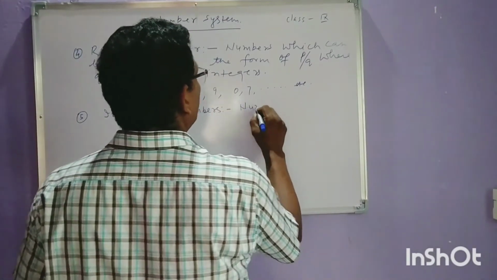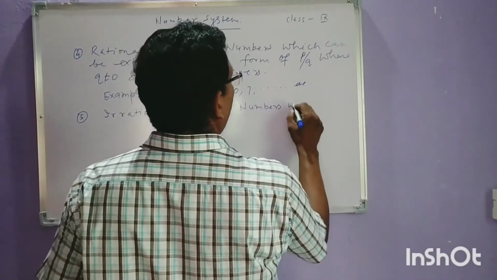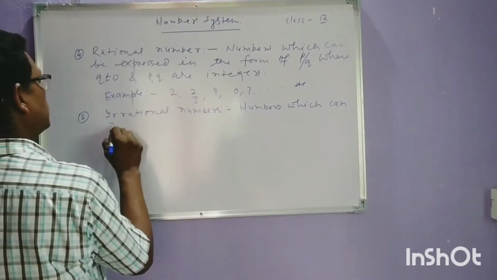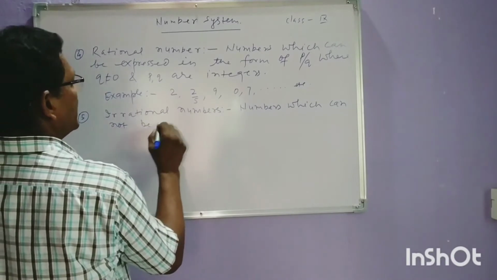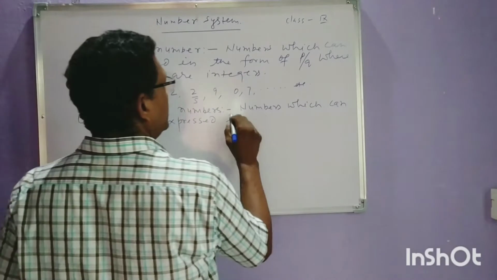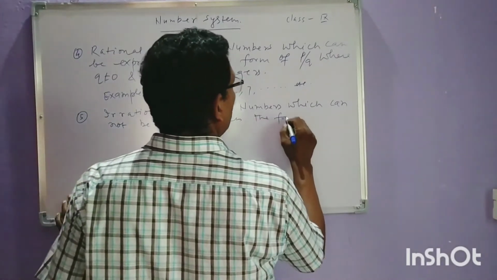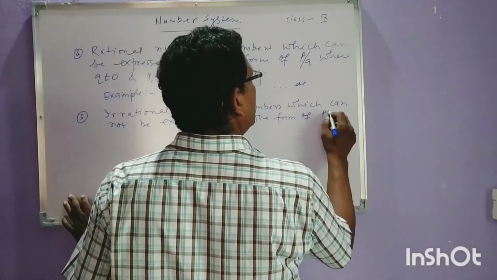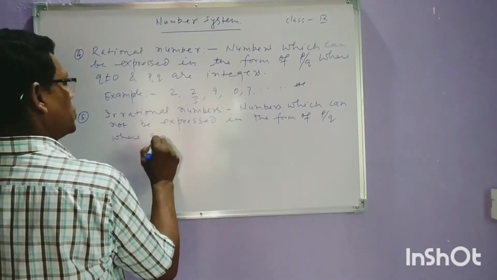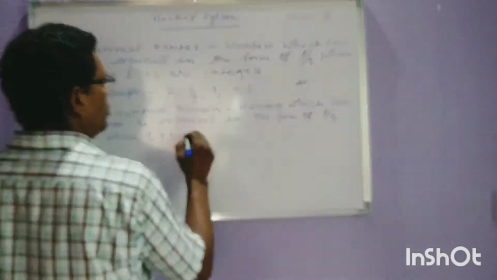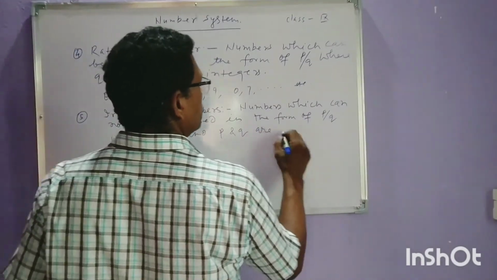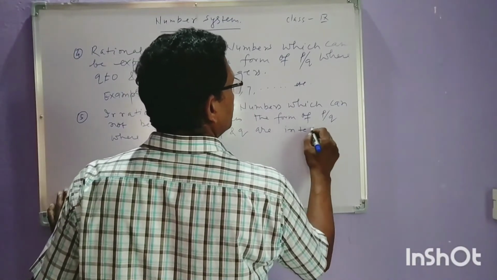Now fifth one is irrational number. Numbers which cannot be expressed in the form of P upon Q, where Q is not equal to 0 and P and Q are integers.